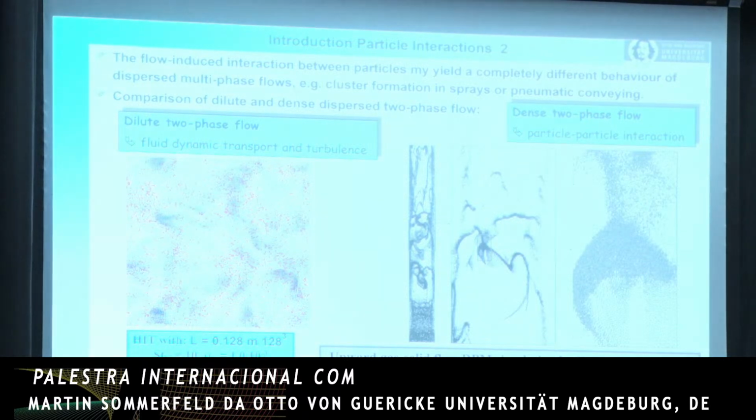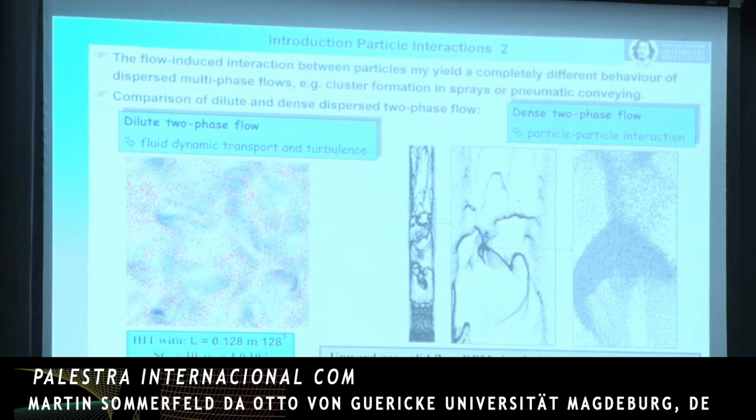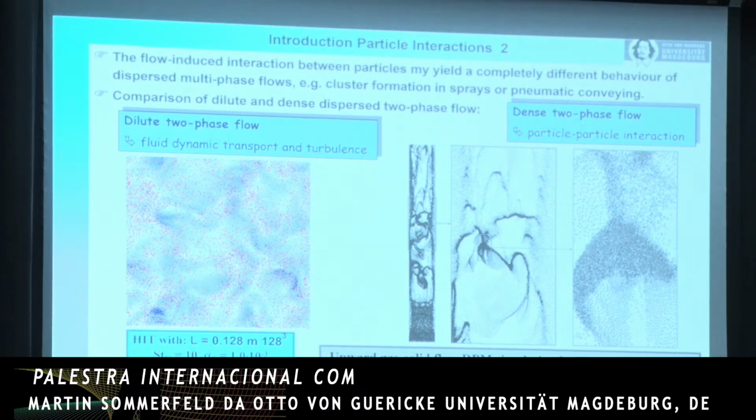We can first of all distinguish between dilute two-phase flow and dense two-phase flow. Dilute two-phase flow is mainly governed by fluid dynamic transport of the particles. We have to account for all the relevant forces, of course. And when we go into the dense situation, of course, we have fluid dynamic interaction and collisions between the particles.